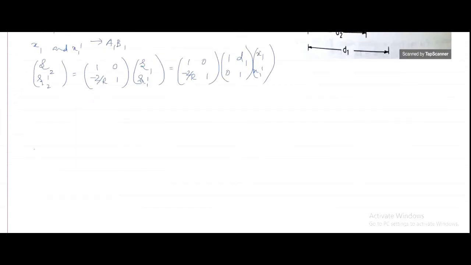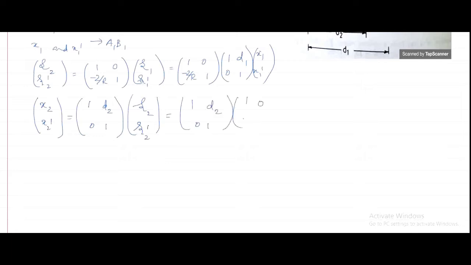And finally, the coordinates of the ray on the plane at a distance d2 from the mirror will be x2 dash equals [1 d2; 0 1], zeta 2 dash equals [1 d2; 0 1] [1 0; minus 2 by r 1] [1 d1; 0 1] into x1 dash.